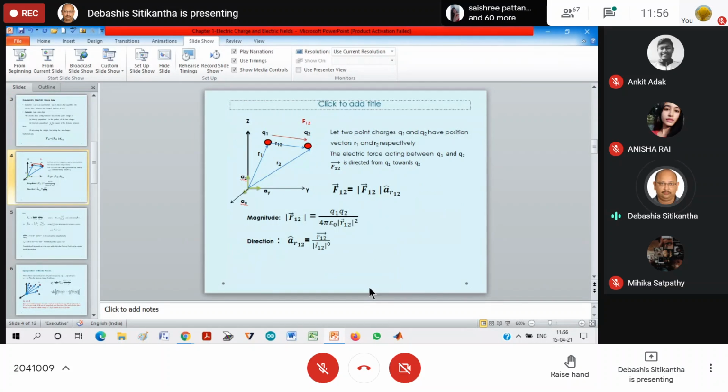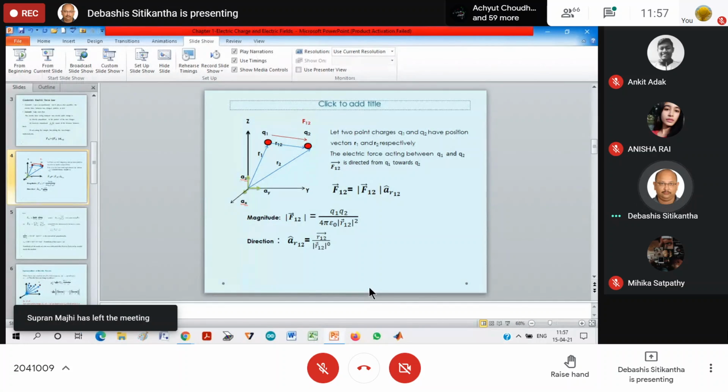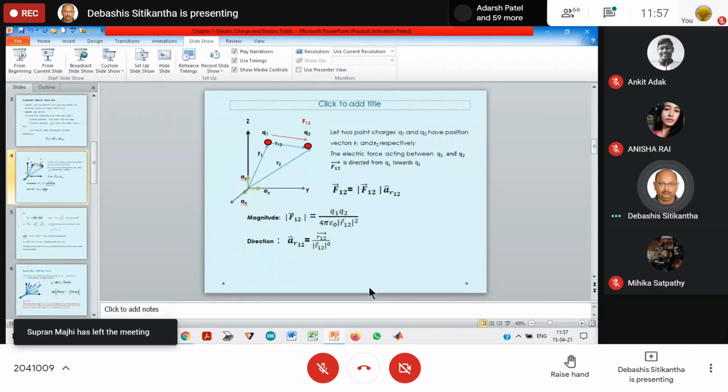Okay. Next, in this particular diagram, we have tried to visualize the statement. Over here, I have two charges Q1 and Q2, whose locations are given by the position vectors R1 and R2, and the distance between them is represented by the distance vector R12. Now, as I told you, this electric force is a vector quantity. So the magnitude part is given by the first 2 points of Coulomb's law, that is Q1 Q2 by R12 square.